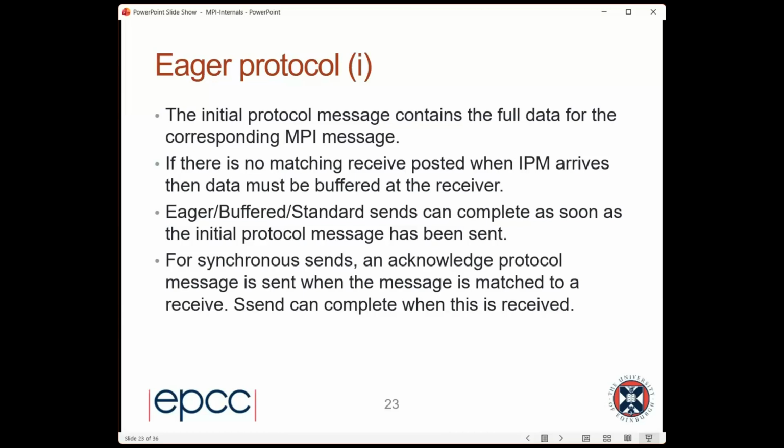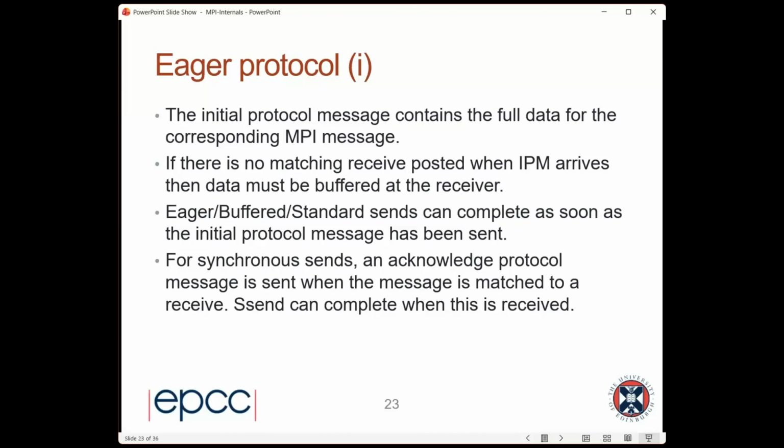But for small messages, what MPI will try and do is send them eagerly. It will send the data over. It will be stored somewhere on the receiver, and that send will complete immediately, okay? So the eager or the buffered or standard sends can complete as soon as the initial protocol message has been sent.